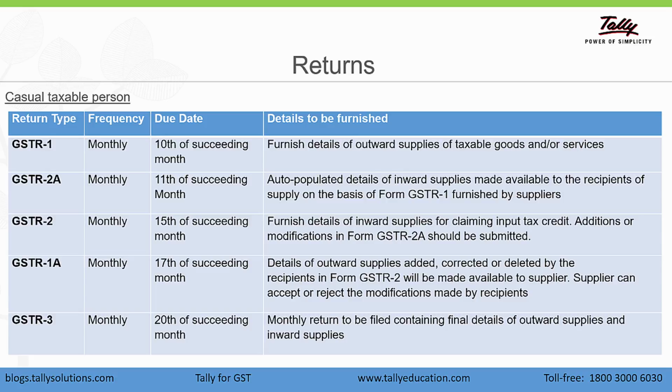It will contain details of outward supplies added, corrected or deleted by the person's recipients in Form GSTR-2. The supplier can accept or reject the modifications made by recipients. On 20th of the succeeding month, Form GSTR-3 has to be filed by the person, which is the monthly return containing final details of outward supplies and inward supplies.